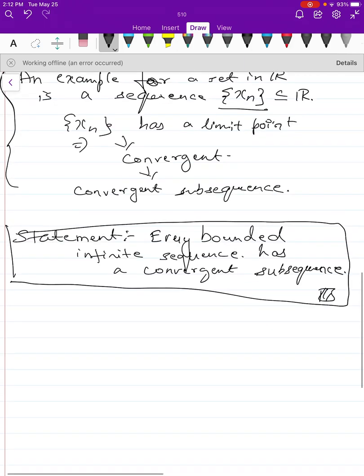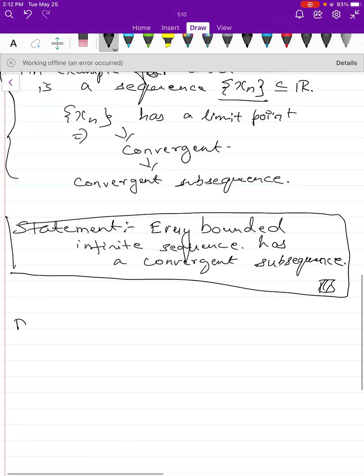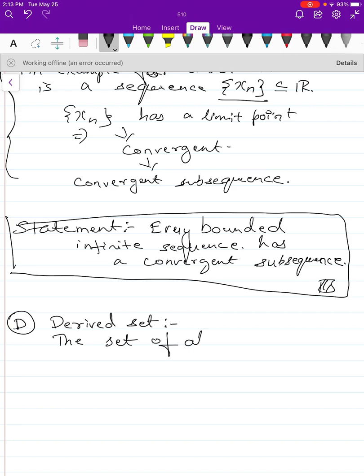Let me define another term, that is the derived set. The set of all limit points of a set S is called the derived set.